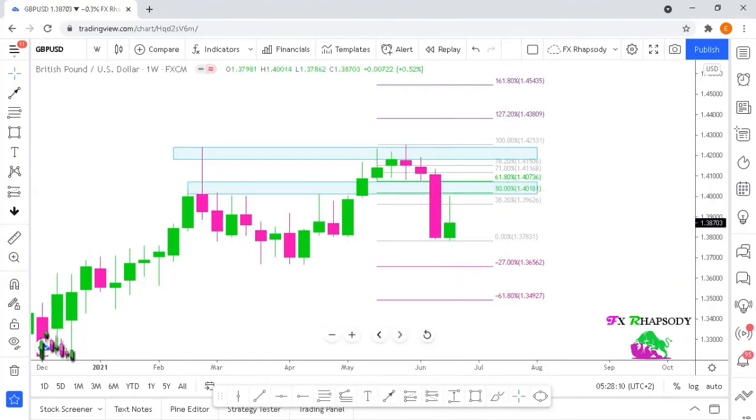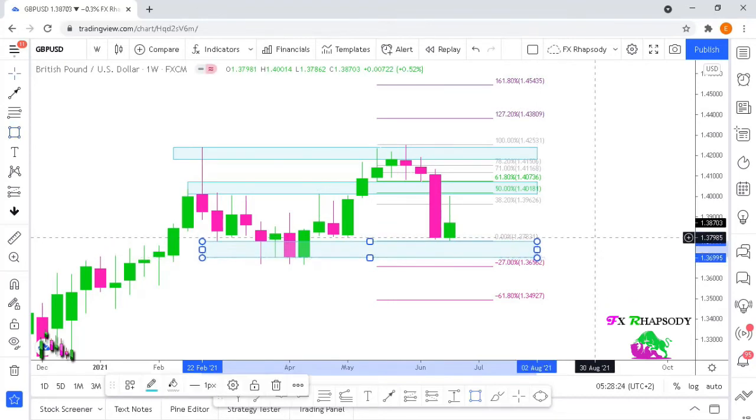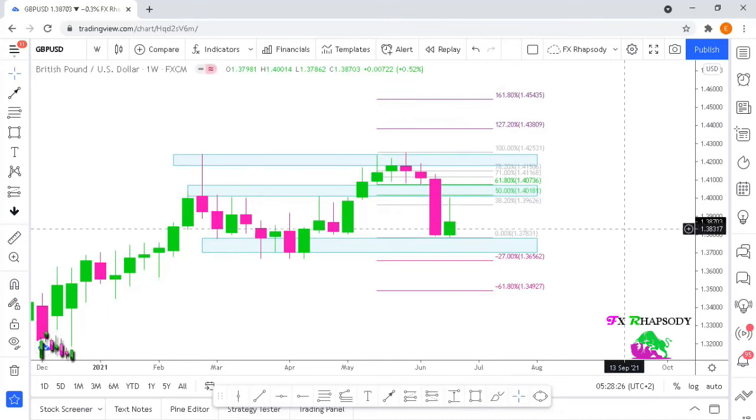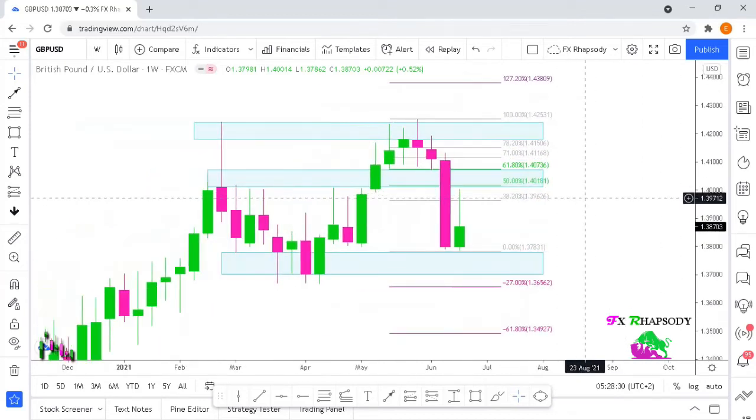This is also a very nice area of support where the pound is basically finding itself. You can actually expand it to there. Just remember, guys, this is a nice big view of the weekly candles so we can see clearly.